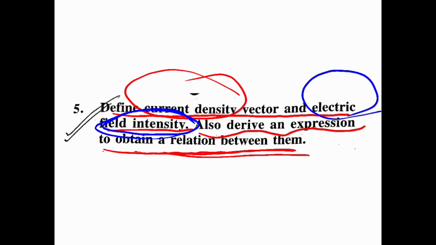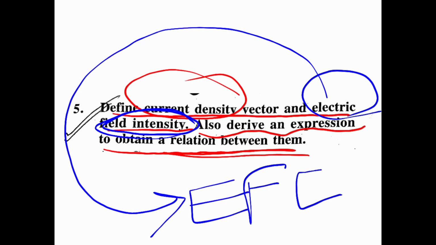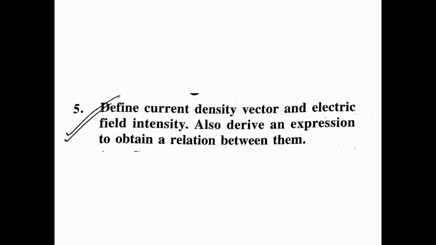I have already told you in the previous video about electric field intensity. Now in this video we have to study current density, and determine the relationship between current density vector and electric field intensity. This is all about the question.